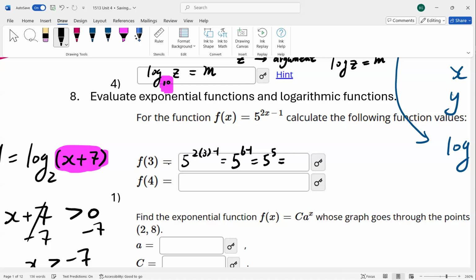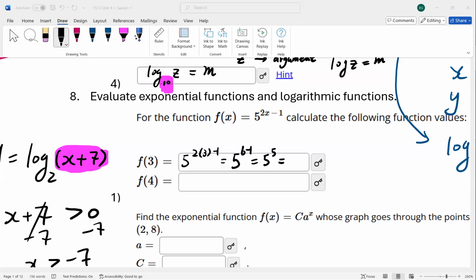And you just need to use a calculator to figure out what 5 to the power of 5 is. Do you guys have a TI-84 calculator? A scientific calculator should be able to do that as well. But the recommended calculator for this course is the TI-84.